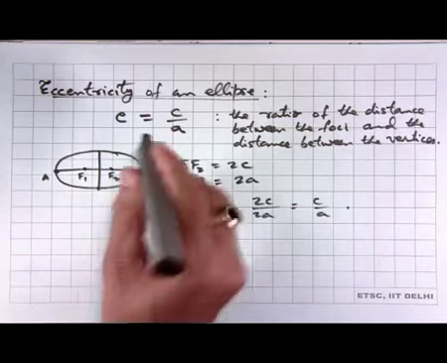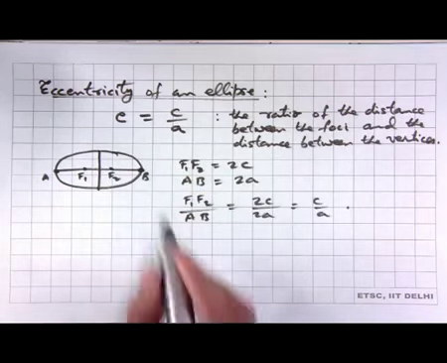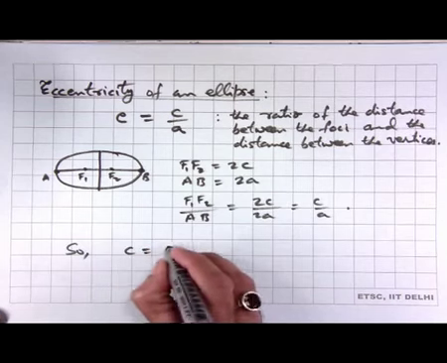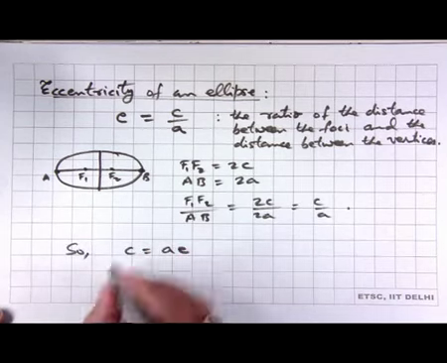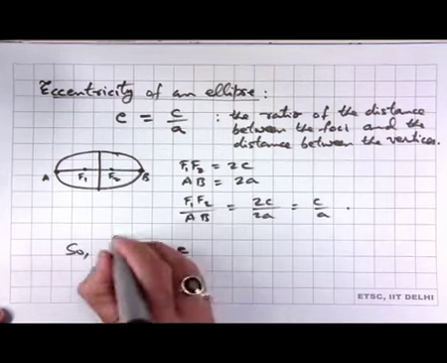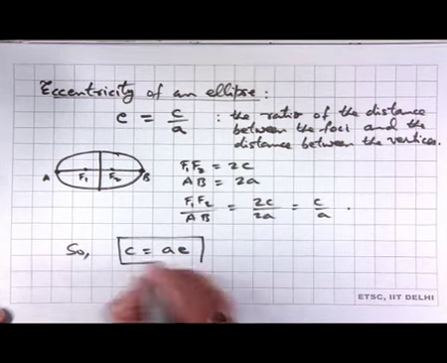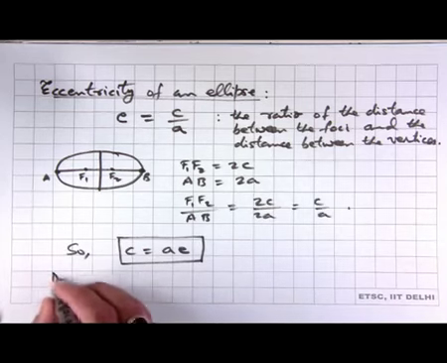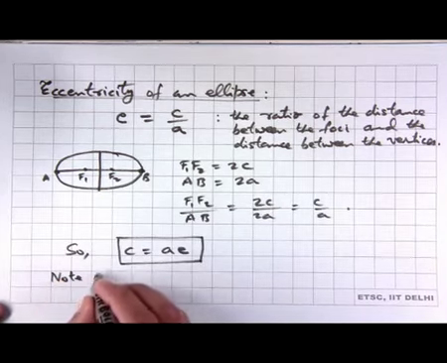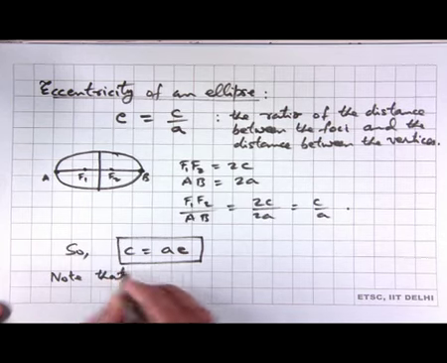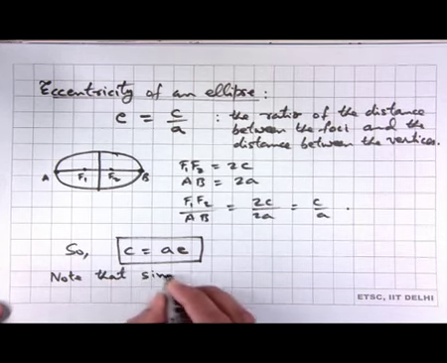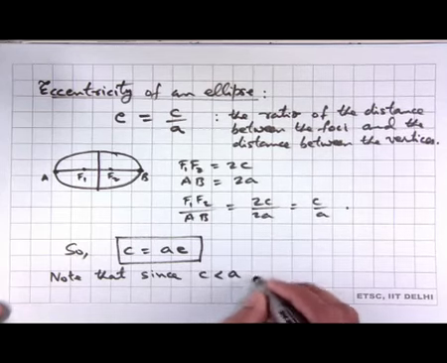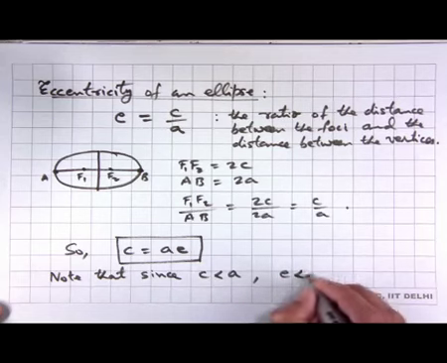So, we can write c in terms of the eccentricity: c is equal to a times e. Note that since c is smaller than a, eccentricity will be less than 1.